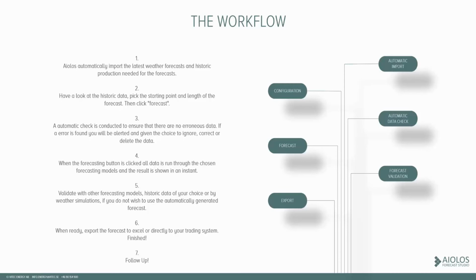So once that is done, you will have the forecast in front of you, and then you can choose if you would like to run with the automatic forecast, or if you would like to validate it in different ways. And that could be done with historical data, so you can bring in the same period from the last year and see, did we have the same weather for that period and what was the outcome in that case.